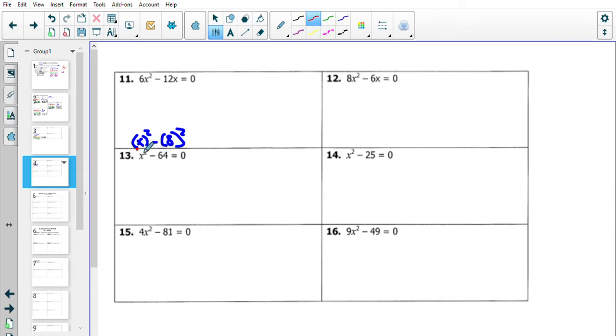We know that when we do difference of squares, the 2 things I need are what I'm squaring, the x and the 8. And what am I going to do with that x and that 8? I'm going to add it in one binomial and subtract it in the other. And again, it's still set equal to 0.